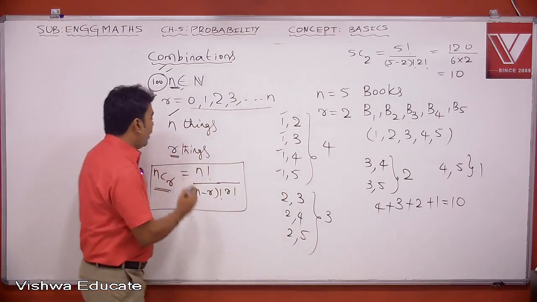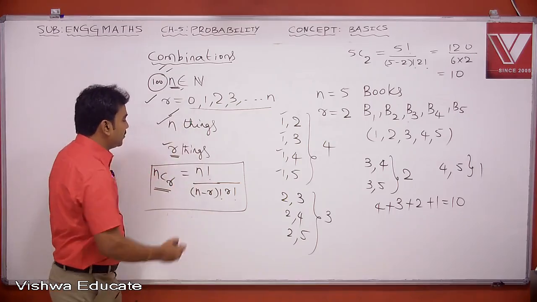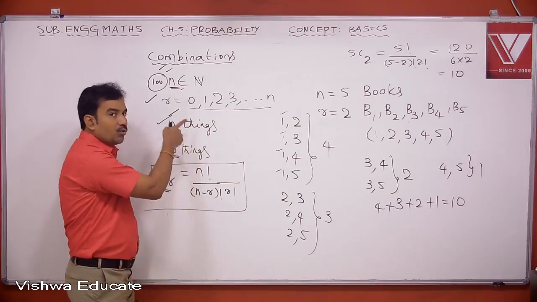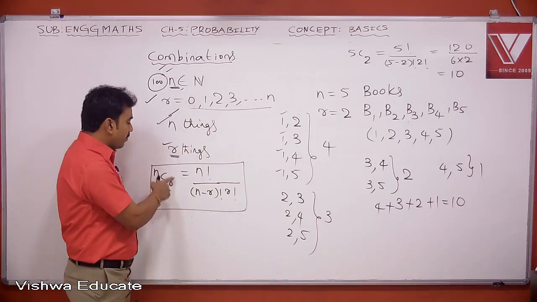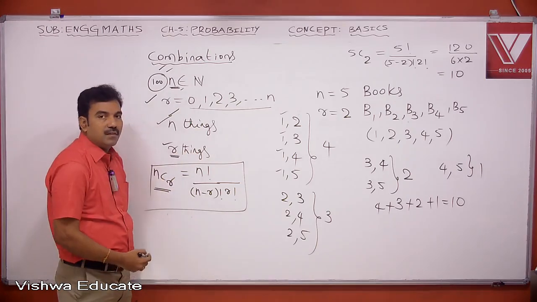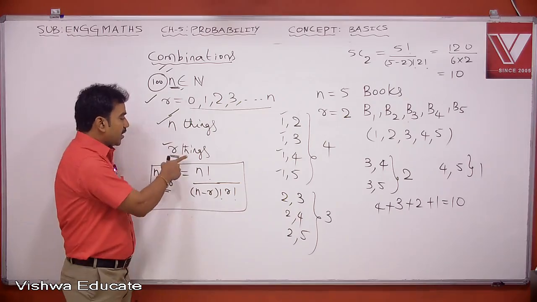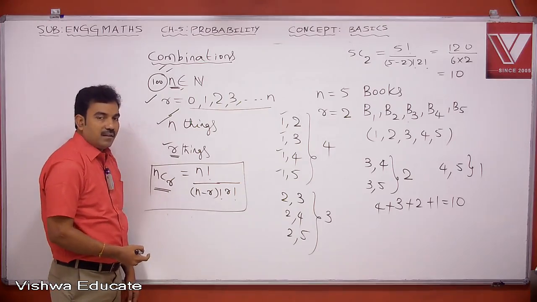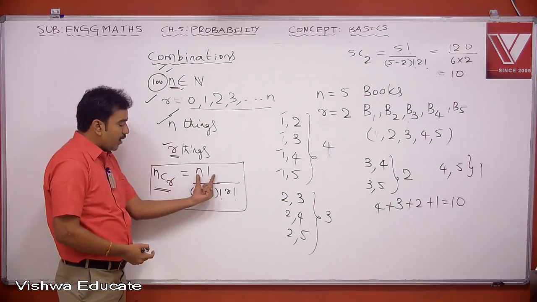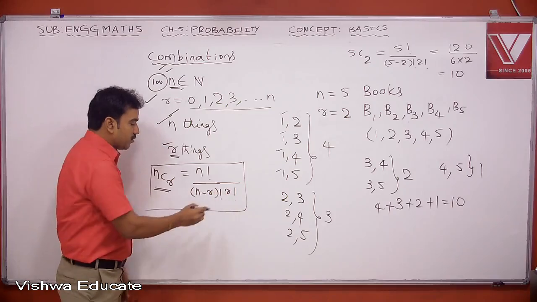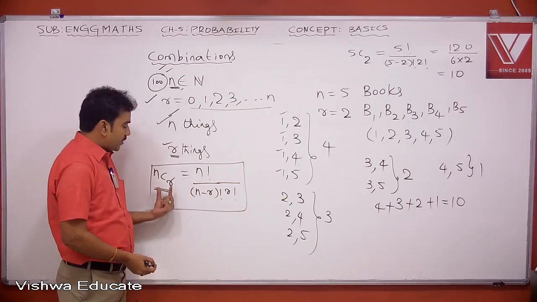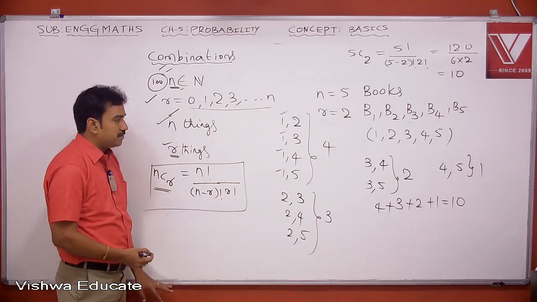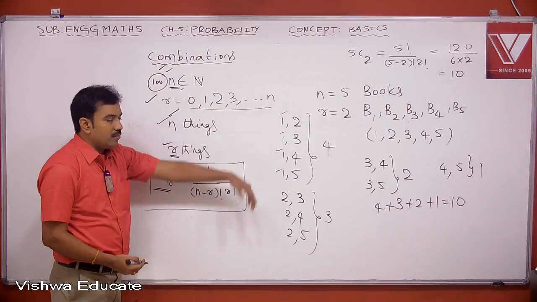Then the number of ways of selecting r things out of n things is given by nCr, and nCr equals n factorial by (n minus r) factorial into r factorial. So let us write this example.